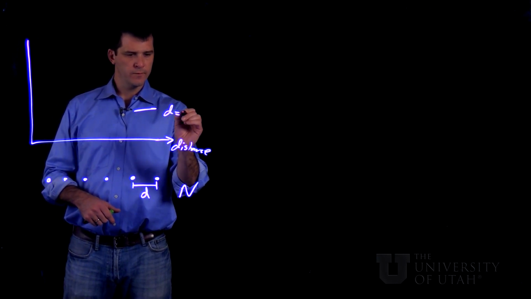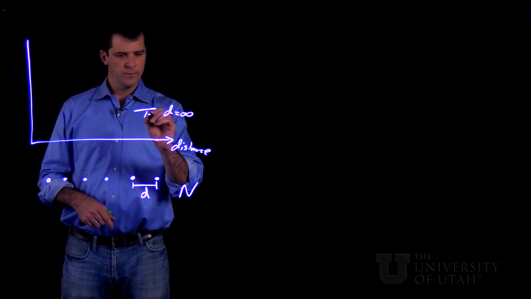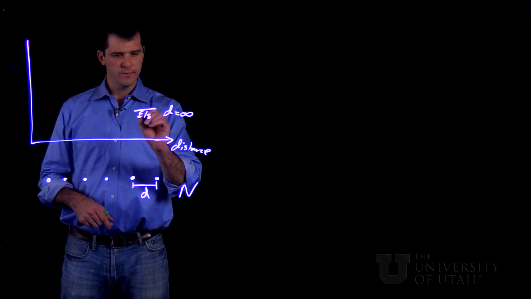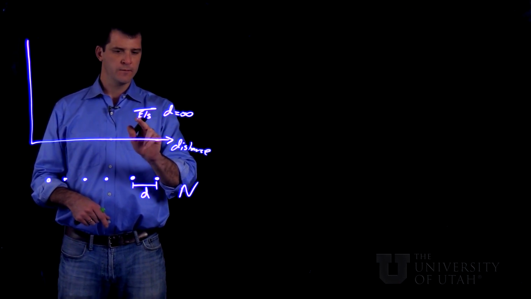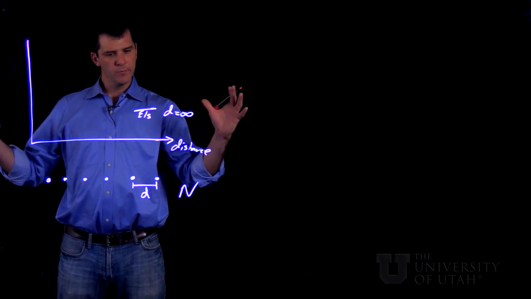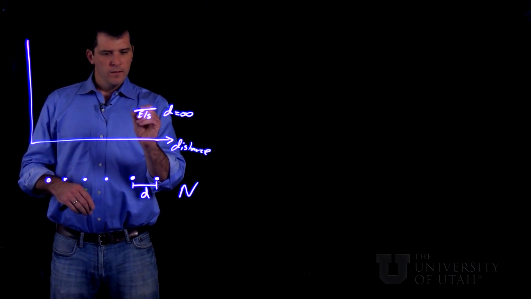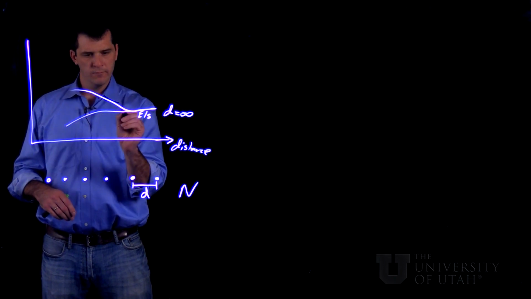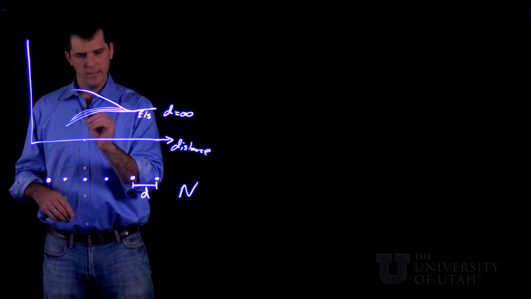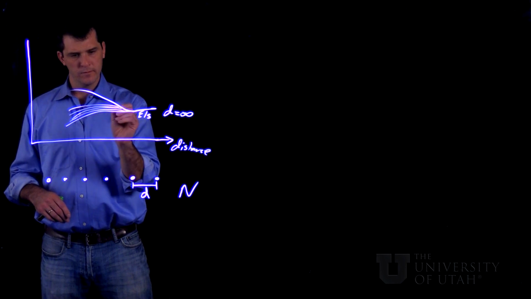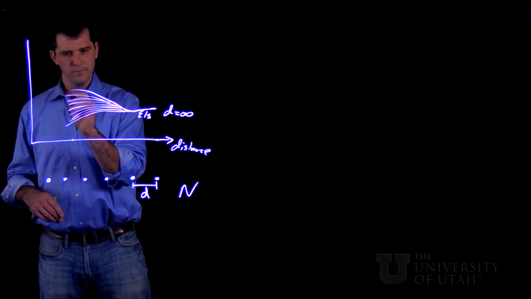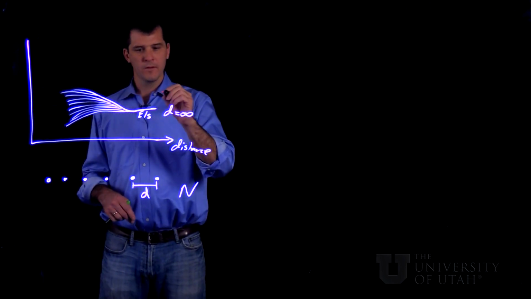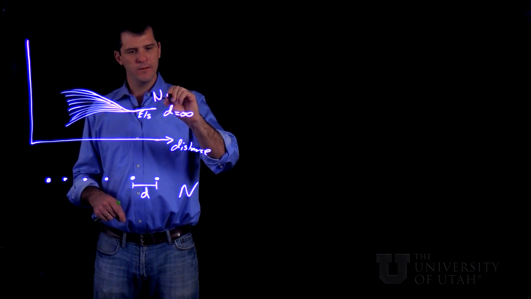So for d equals infinity, all of these 1s energies have the same energy. But as we bring them together, their orbitals start to split and mix, and we form a band of solutions. And out here we have n atoms.